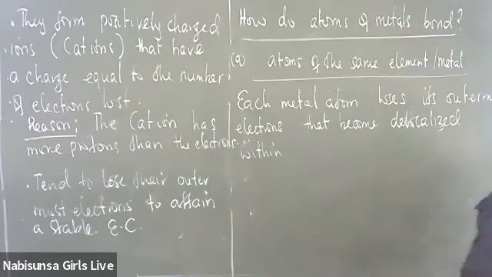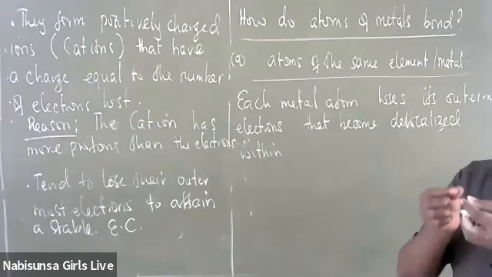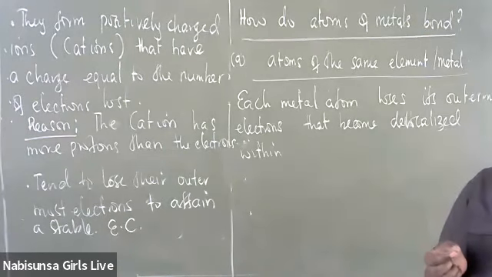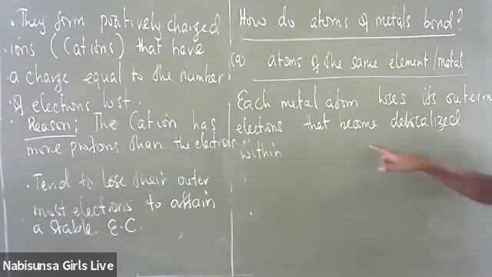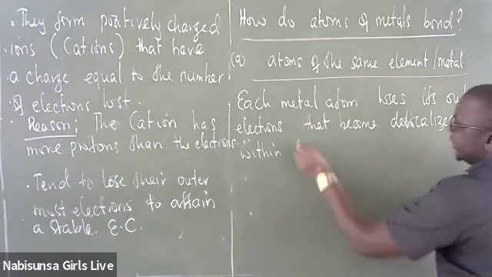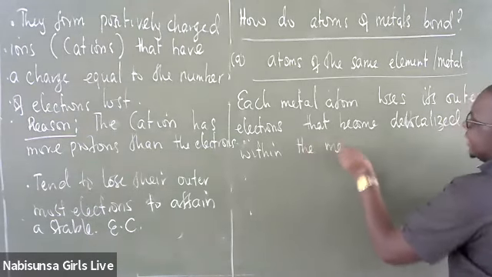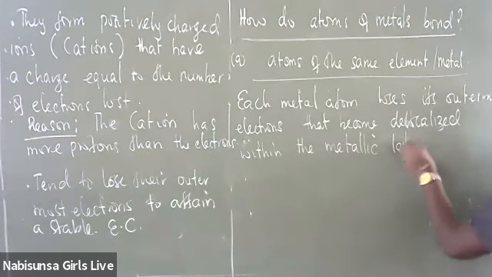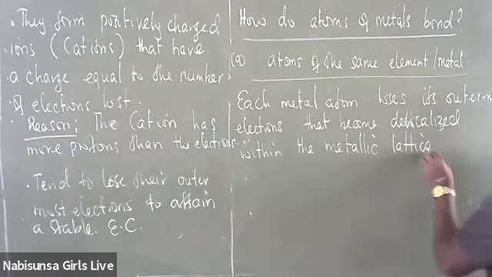So now, just remember, these particles are so close to one another. They form what they call a metallic lattice. I'm going to draw it for you. So here, the electrons become delocalized within the metallic lattice. That cluster of them is called a metallic lattice. We underline that.